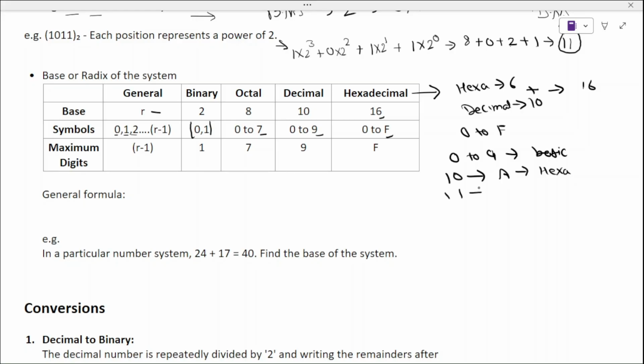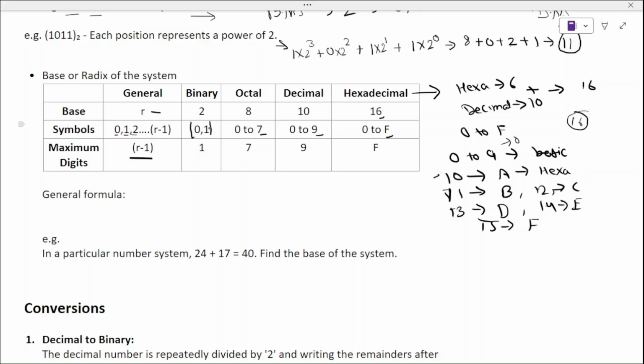Similarly, 11 equals B, 12 equals C, 13 equals D, 14 equals E, and 15 equals F. So 0 to 9 is 10 numbers, then 11, 12, 13, 14, 15, 16. So the total number count is 16. That's why it's hexadecimal.